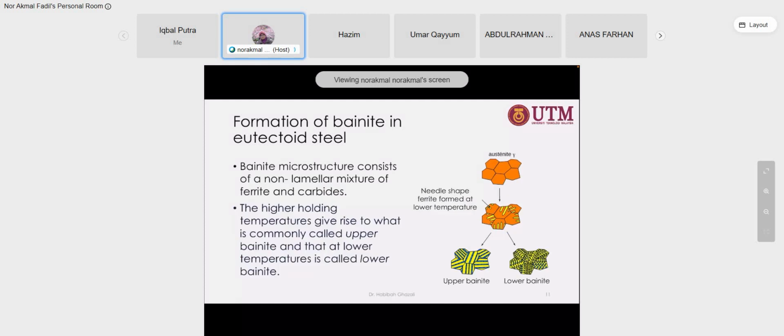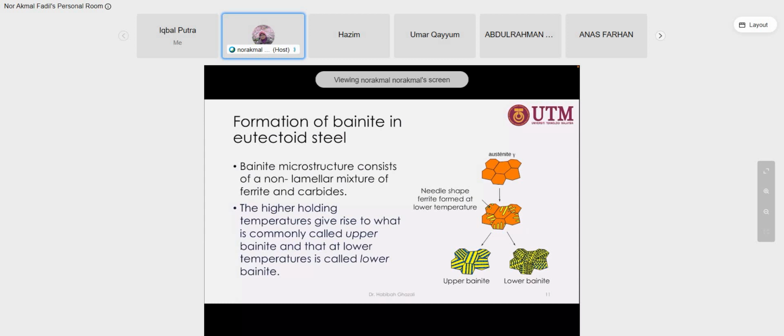Next is the formation of bainite. Bainite forms with a slightly faster cooling rate, during the soaking at the isothermal temperature. The bainite microstructure consists of a non-lamellar mixture of ferrite and carbide. The higher holding temperature gives rise to what is commonly called upper bainite, and the lower temperature gives lower bainite.